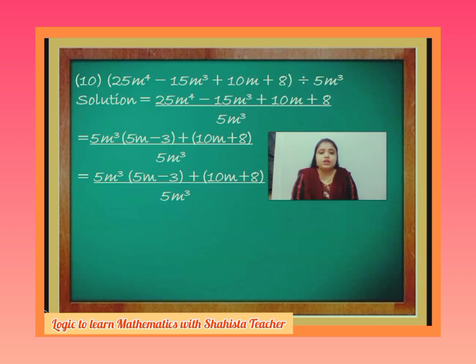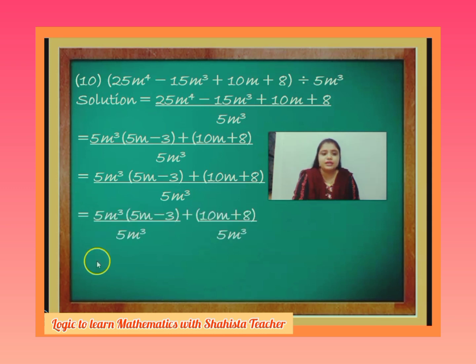So we give 5m cube to the first term and 5m cube to the second term. We write 5m cube times the bracket 5m minus 3 over 5m cube, plus 10m plus 8 over 5m cube. Give 5m cube twice like this. The 5m cube outside the bracket is only for the first bracket, not for the second, which is why we separate both terms.